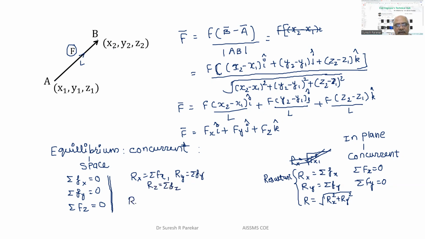And the resultant we will get equal to root of Rx square plus Ry square plus Rz square. So it is the same, only in plane we have two axes and in space we have three axes.